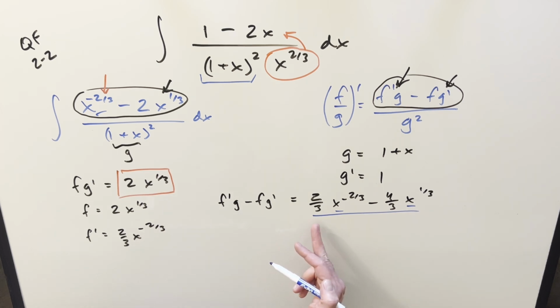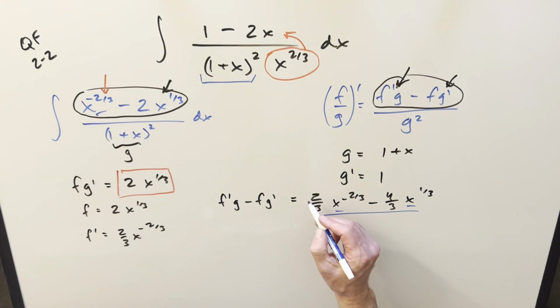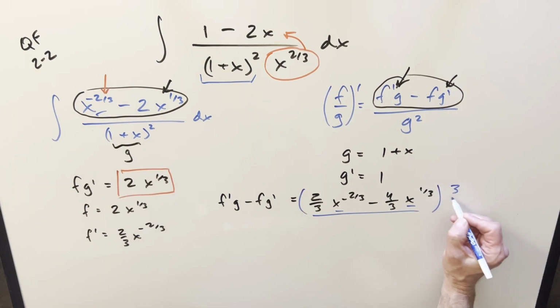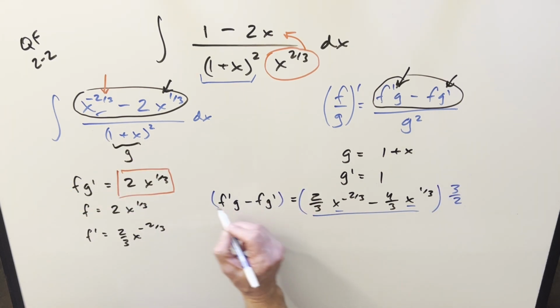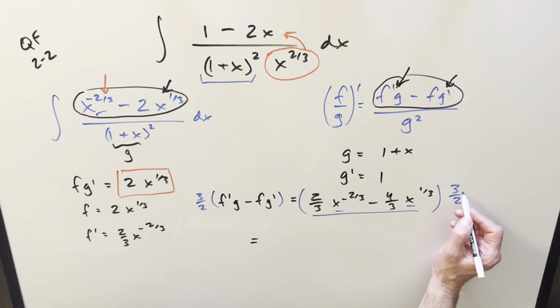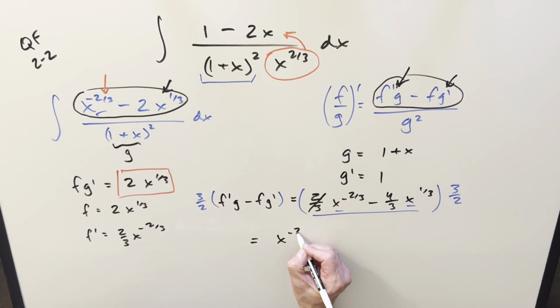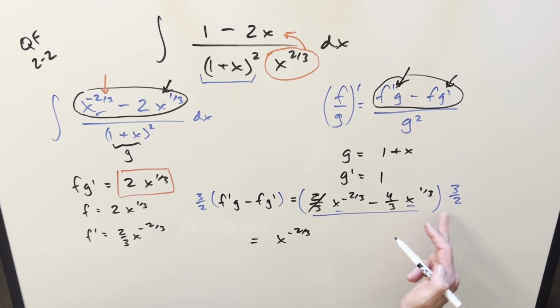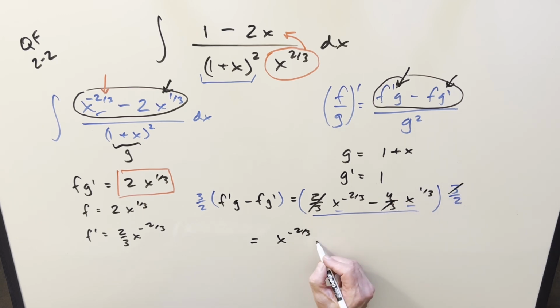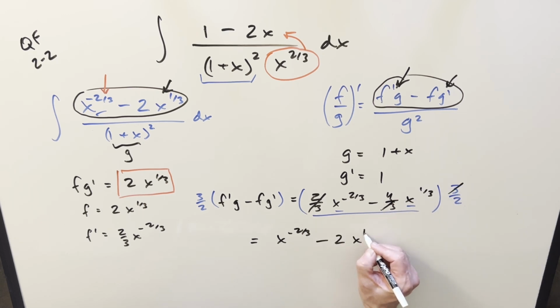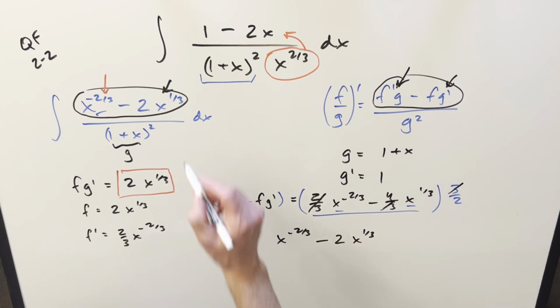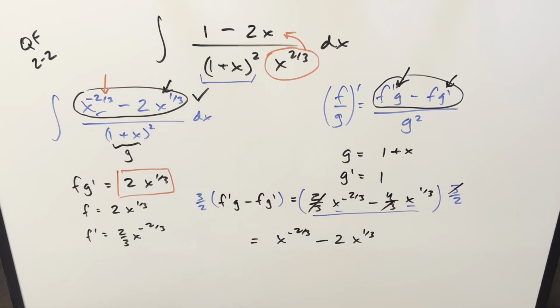We can fix this. To get this to be the same thing as x to the minus 2/3, all I need to do is multiply by 3/2 on both sides. That cancels out this right here, and we get x to the minus 2/3. Multiplying it in here, the 3s cancel, and we get minus 2x to the 1/3. This now matches the numerator exactly. But what do we do with the 3/2 out front on the left side? All I need to do is multiply it in on the f value.